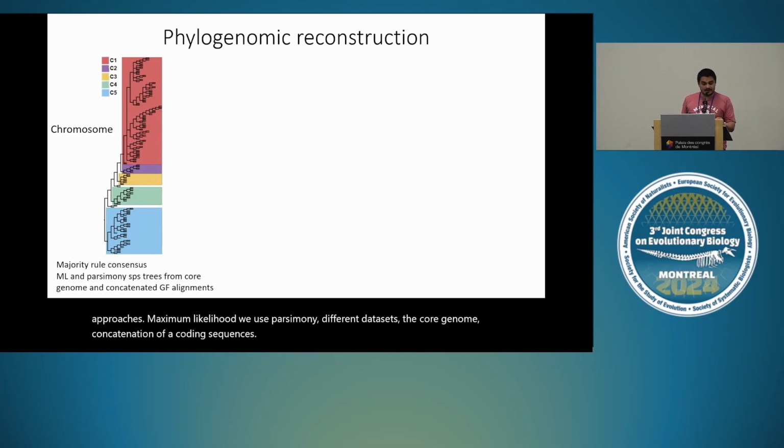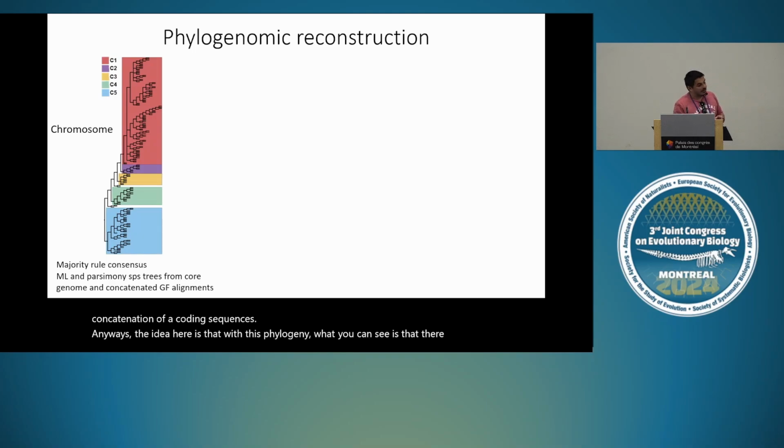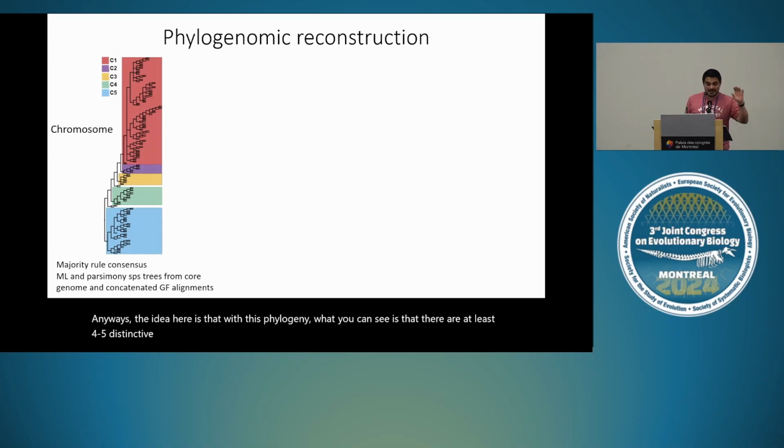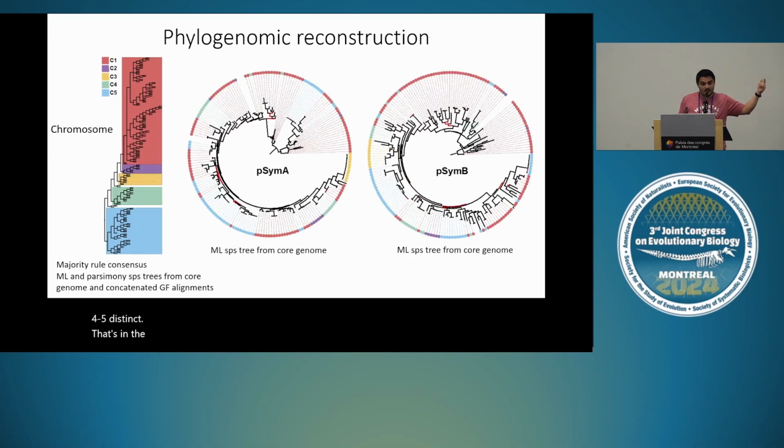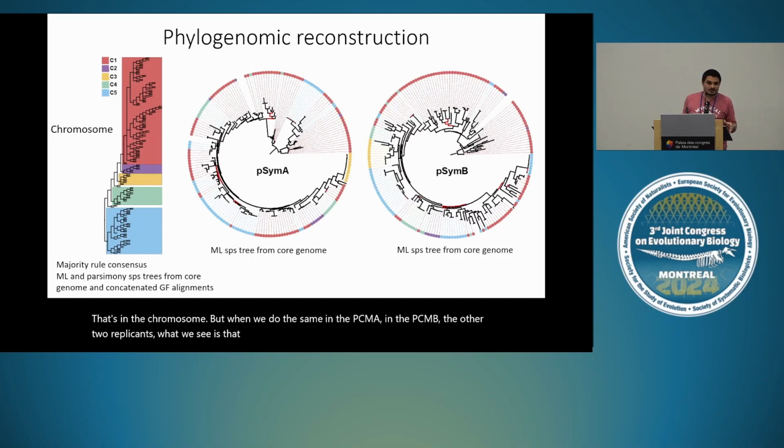Anyways, with this phylogeny you can see at least 5 distinctive clades. That's in the chromosome, but when we do the same in pSymA and pSymB, the other 2 replicons, we see a lot of discordance. So this by itself demonstrates that there's a good chance of a lot of homologous recombination involving these 2 replicons.